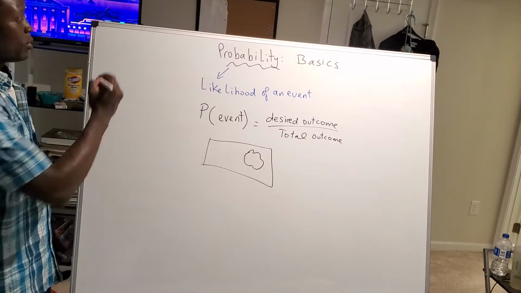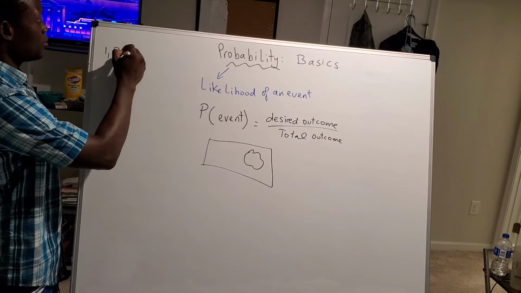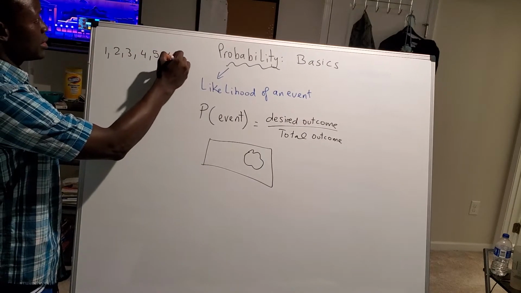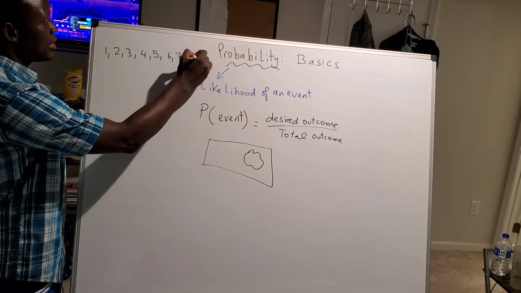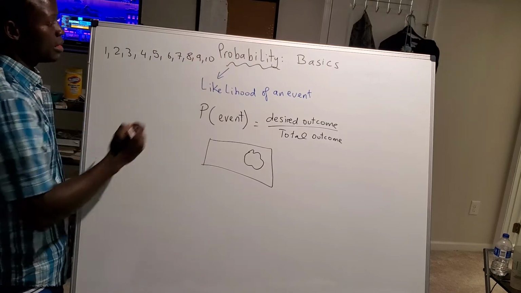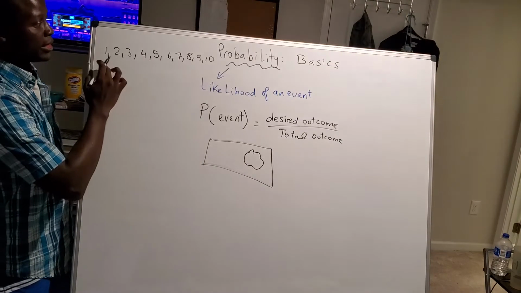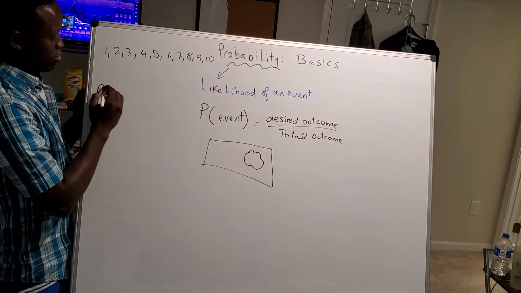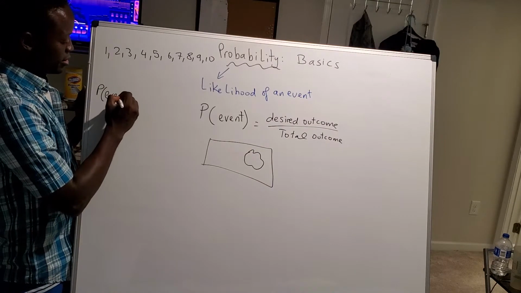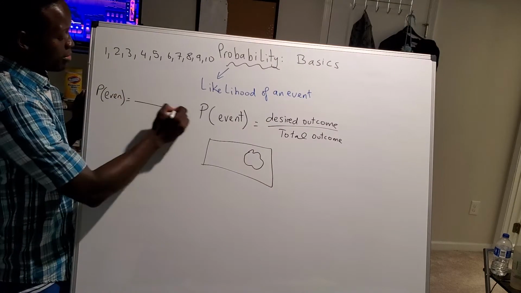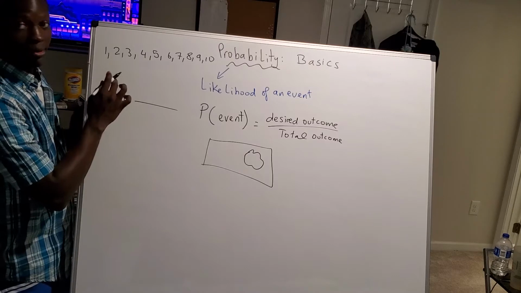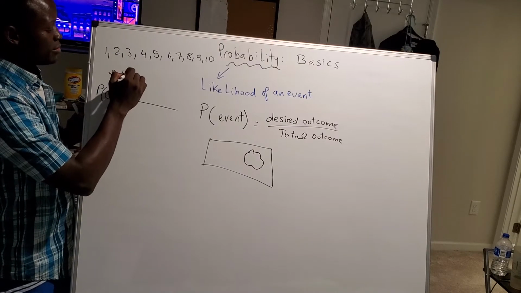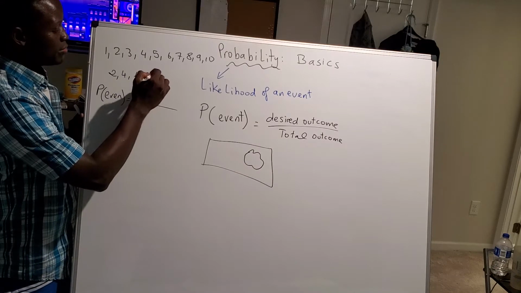Let's say I have numbers 1 through 10, right? 1, 2, 3, 4, 5, 6, 7, 8, 9, 10. All right, what's the probability that I get an even number? Now we have to count how many even numbers I have. 2 is even, 4 is even, 6 is even, 8 is even, and 10 is even.